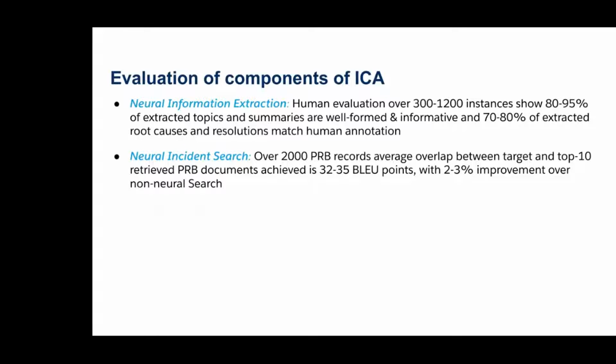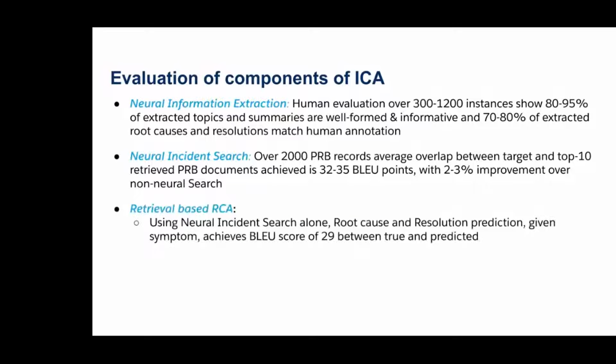For the retrieval-based RCA, if we use the neural incident search engine alone, then the root cause and resolution prediction given the symptom achieves a BLEU score of 29 between the true and the predicted one. If we further use the causal knowledge graph on top of the incident search results, we can improve the root cause and resolution prediction by a further 11 to 15 points.